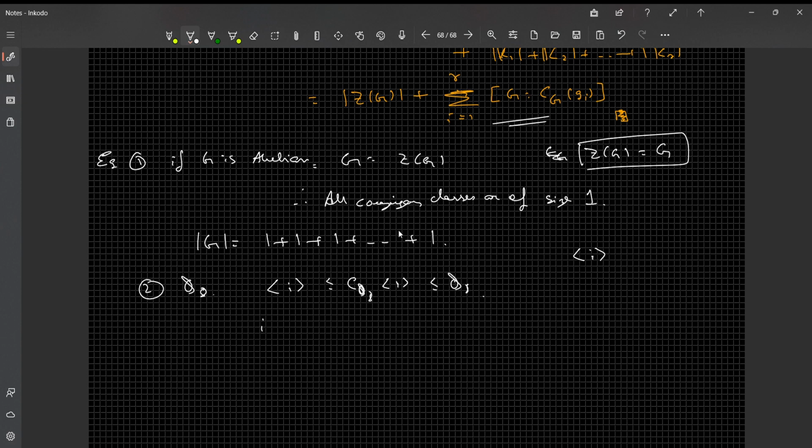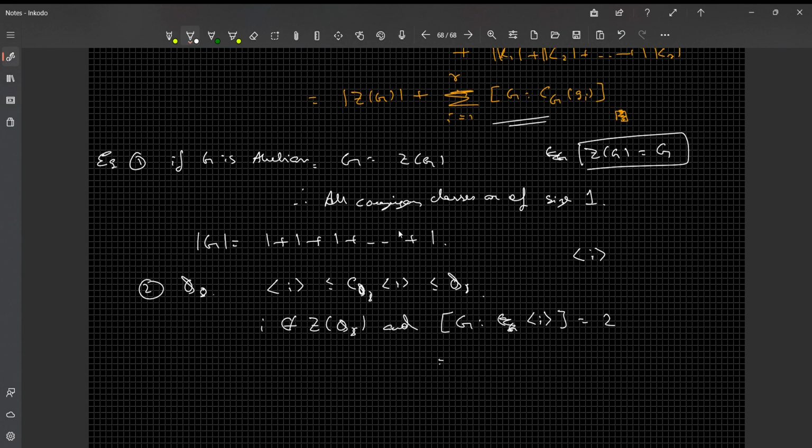Now i is obviously not in the center of Q8 because i doesn't commute with j, i doesn't commute with k. And what is the order of i? The order of i is 4. The order of Q8 is 8. So what is the index of the subgroup generated by i? It's 2.